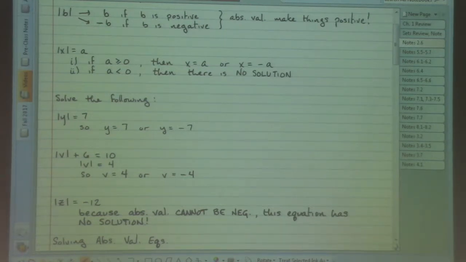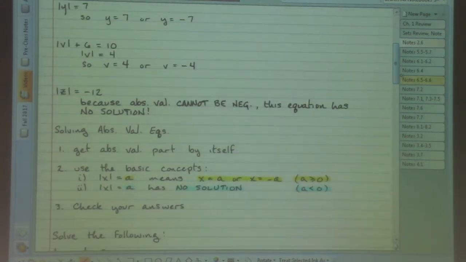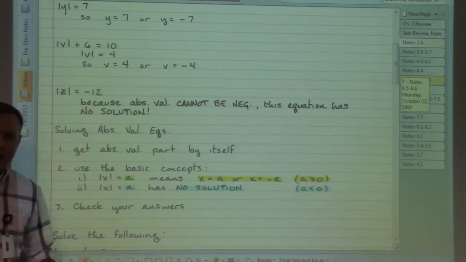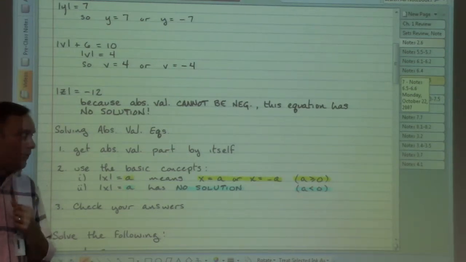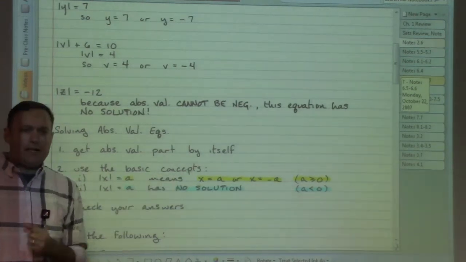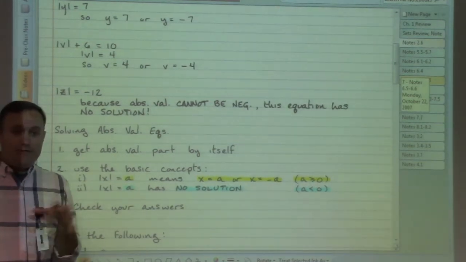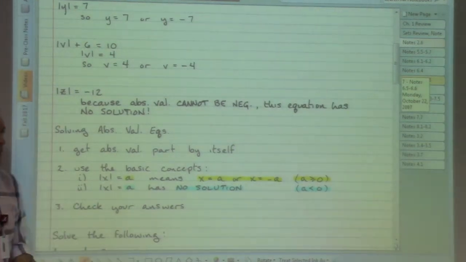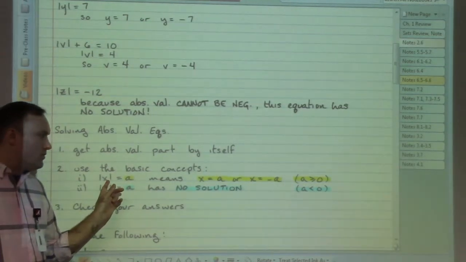Which means that in general, what we're looking to do here, and let's bring up our list of steps. Since the absolute value part is the thing that's kind of the roadblock, or at least not a roadblock, but a speed bump along the way, let's worry about getting that absolute value part by itself. If things can proceed with solving, great. I've got those two situations.